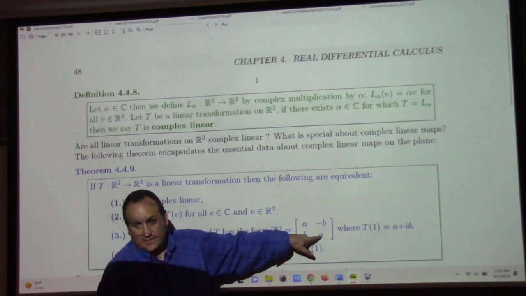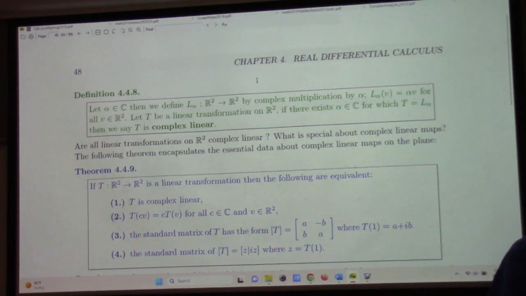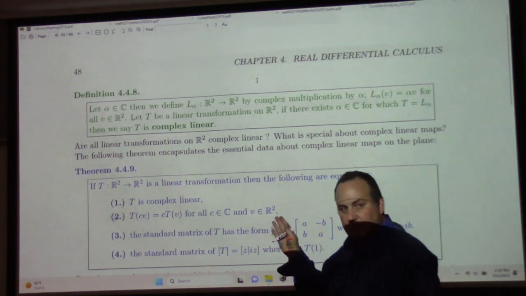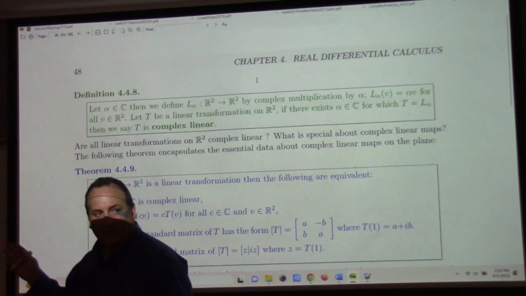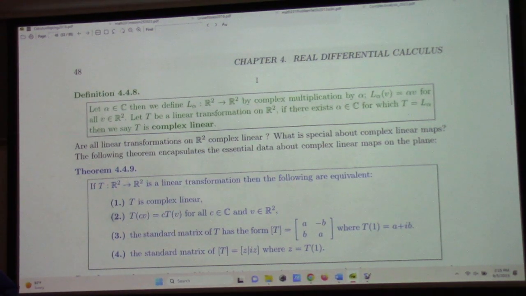But T of i is equal to what, if we can pull i out? T of i is equal to i times T of 1. Which means the first and second columns are related in the sense of complex multiplication. They're not linearly dependent in the real sense, but they are in a complex sense. But let us not get into that.